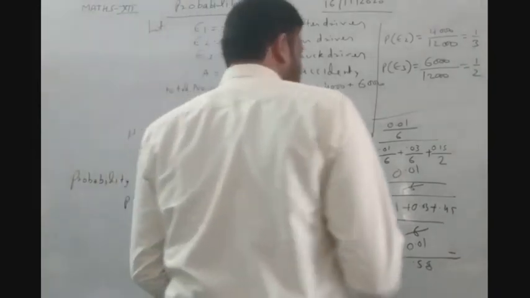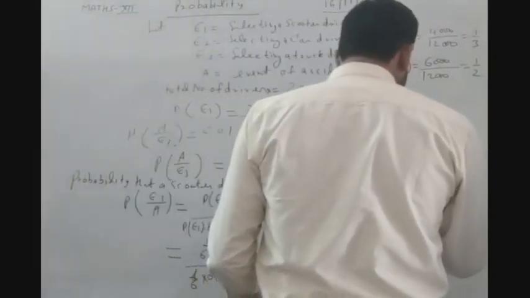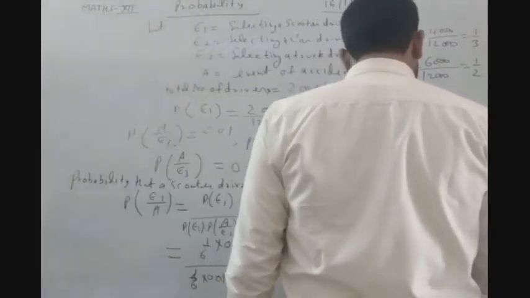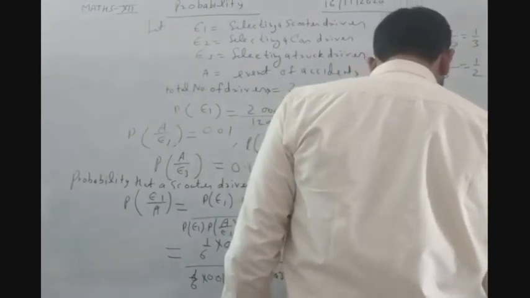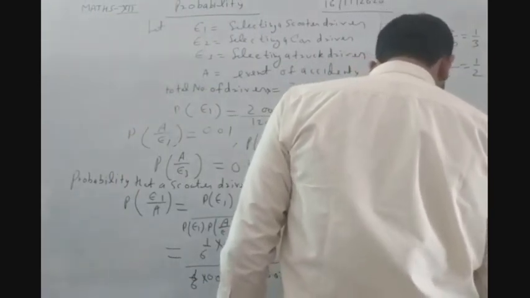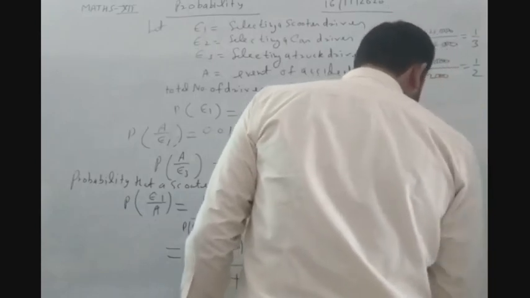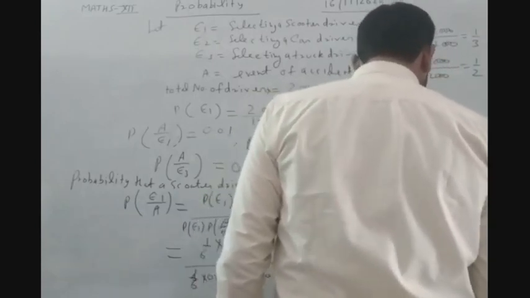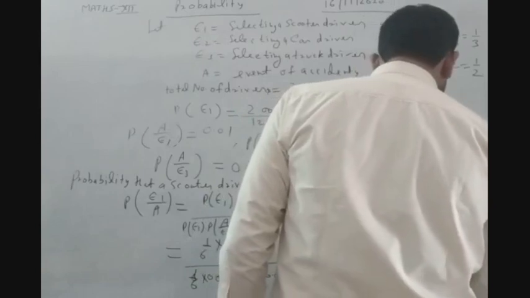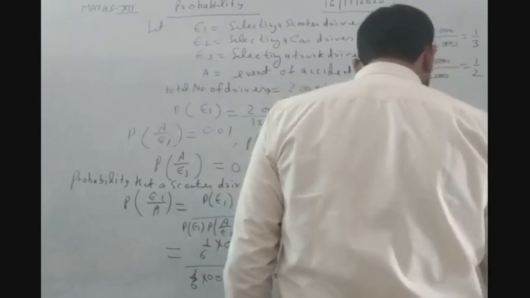So here is 3, so we write 3 here and here will be 6, and when we further solve it, after solving we get 1 by 52.